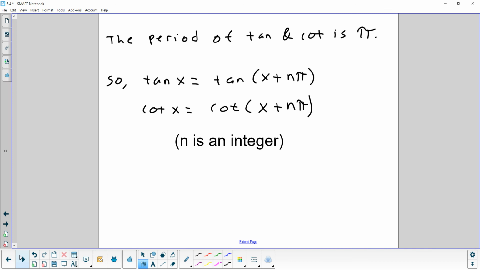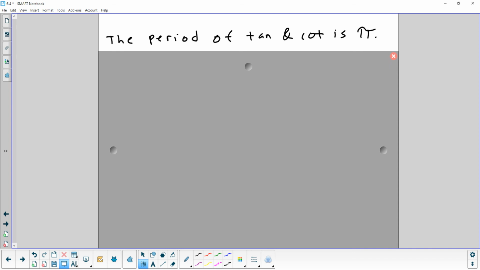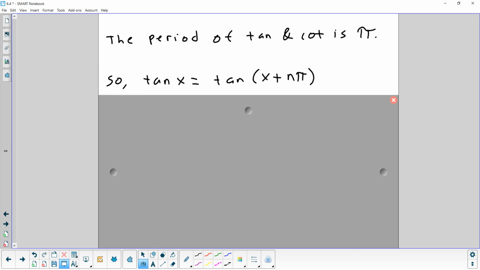All right, so this is basically pointing out what we just said, that the period of tangent and cotangent is pi, or 180. And we had a property we talked about with sine and cosine that said this.